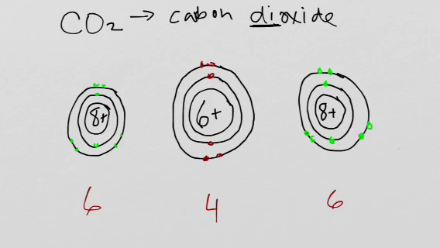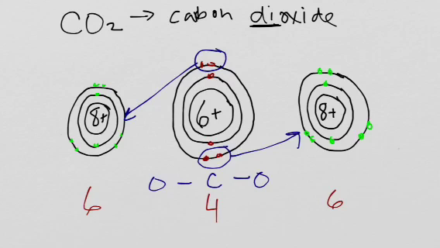What is the total number of valence electrons needed for stability? 8, correct? So what we end up doing here is, if these electrons get shared with this guy and these electrons get shared with this guy, everybody has 8. All right? Yes? No? So we end up getting a carbon bound to one oxygen, bound to another, and it gives us CO2.